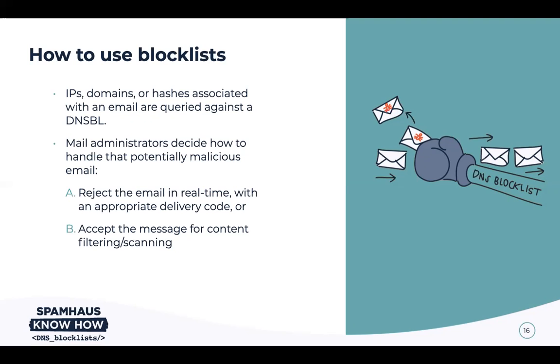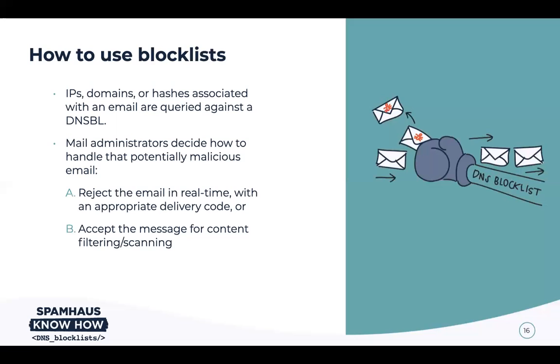But your environment may have a different need, or you may want to do different things. So there's a lot of options really available to you as the mail server user, as the data user, to implement the data in the way that you see fit best for your particular environment. Another way that you could do is you accept the mail and then apply the data after the fact and score it.